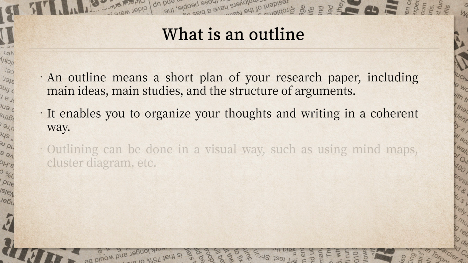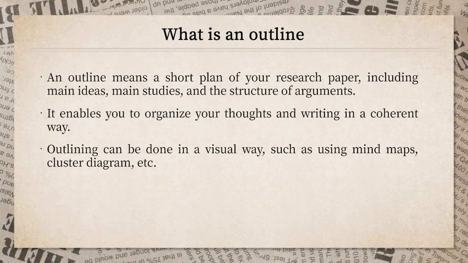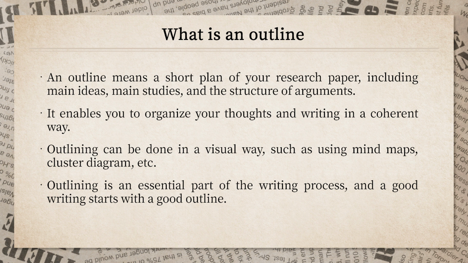And also, outlining can be done in a visual way, such as using mind maps or cluster diagrams. Outlining is an essential part of the writing process, and good writing starts with a good outline. So this is something you should practice and keep in mind.